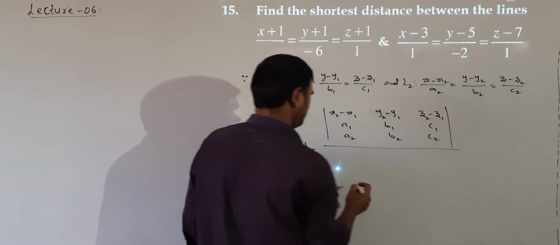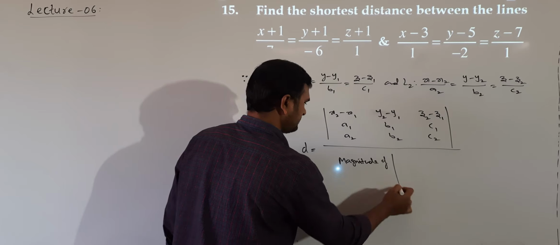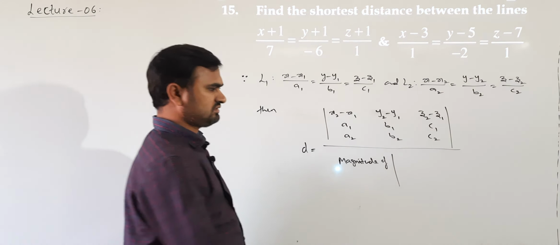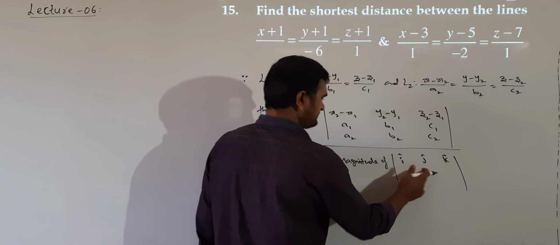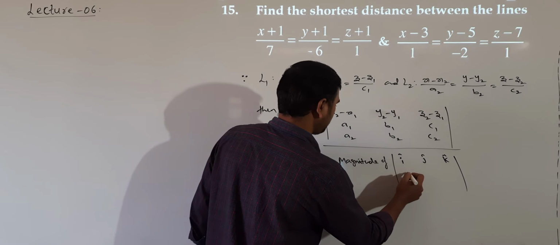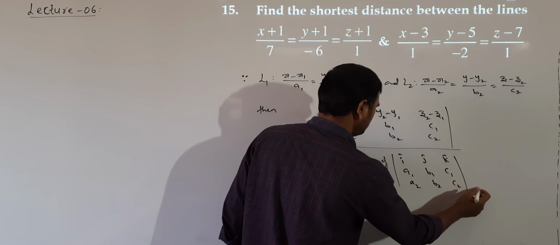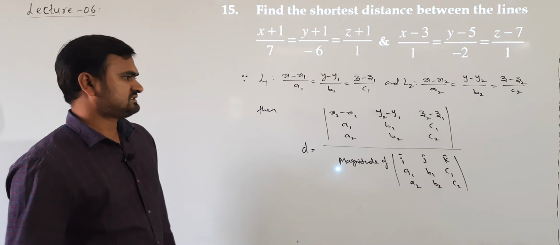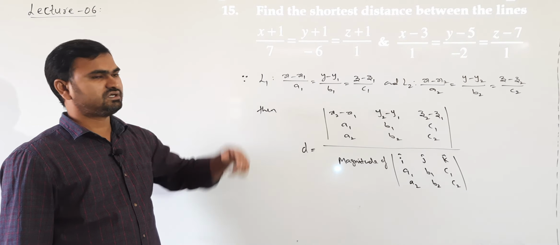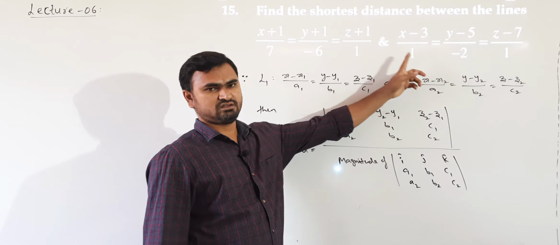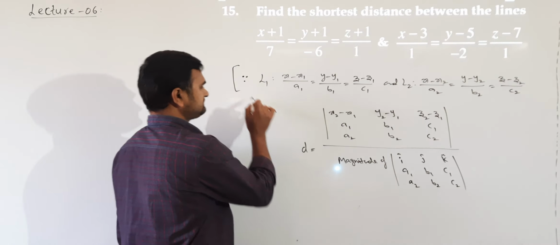And the denominator is the magnitude of the vector with i, j, k components given by the cross product of the parallel vectors of the two lines, a1, b1, c1 and a2, b2, c2. This is the formula for the shortest distance between two lines when they are given in Cartesian form. Understand? So mention this formula first.